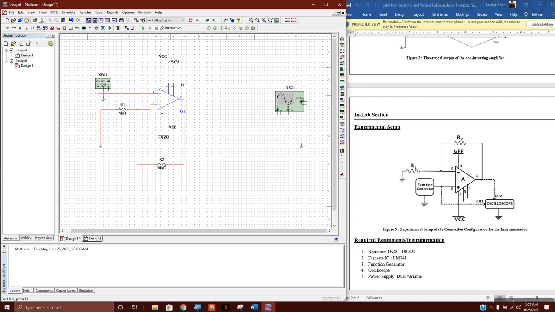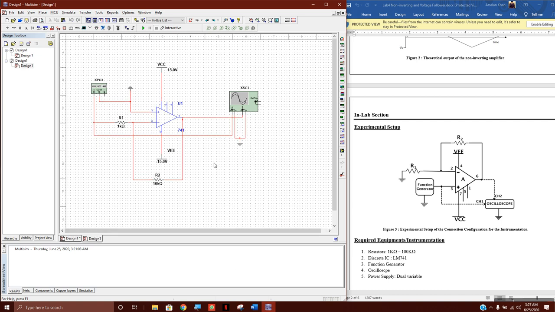Notice that just like inverting, we are taking the feedback loop on the inverting pin here. When we were using it as an inverting amplifier, we also used the inverting pin as the feedback loop.